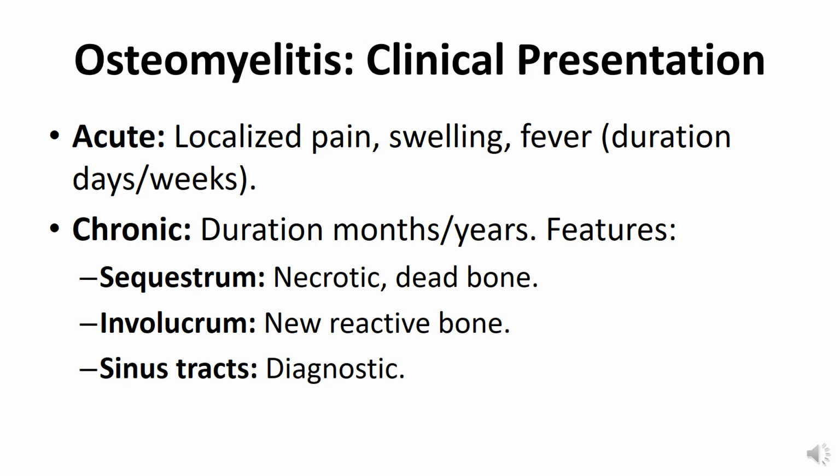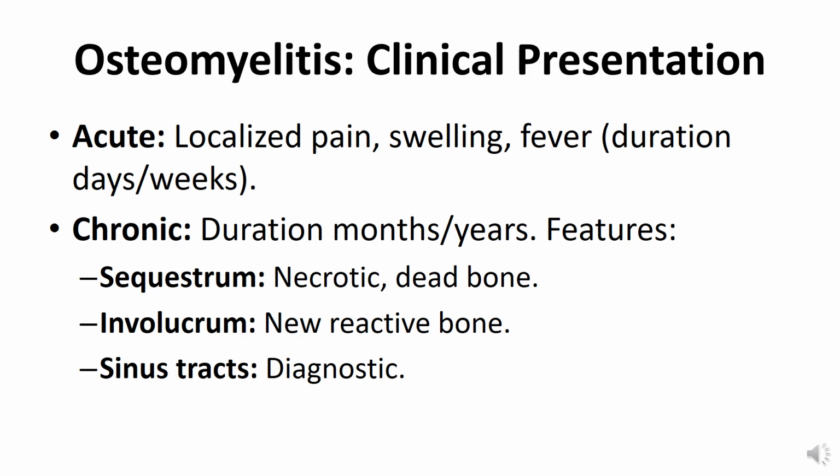The body attempts to contain the infection by producing new bone around the dead tissue. This reactive bone formation is called involucrum. Think of it as the skeleton's attempt to wall off the infection and stabilize the affected area. Another striking feature of chronic osteomyelitis is the development of sinus tracts.